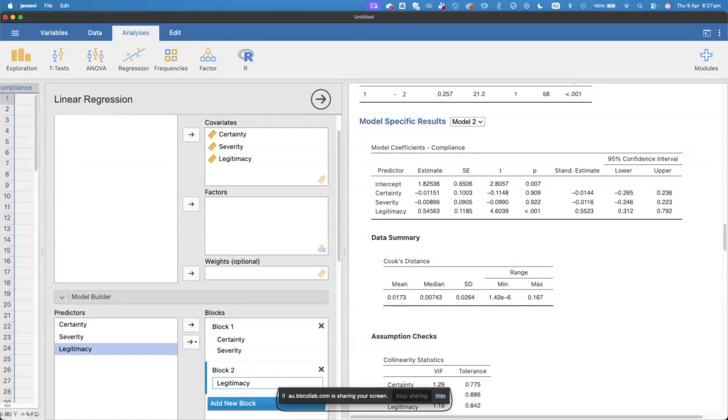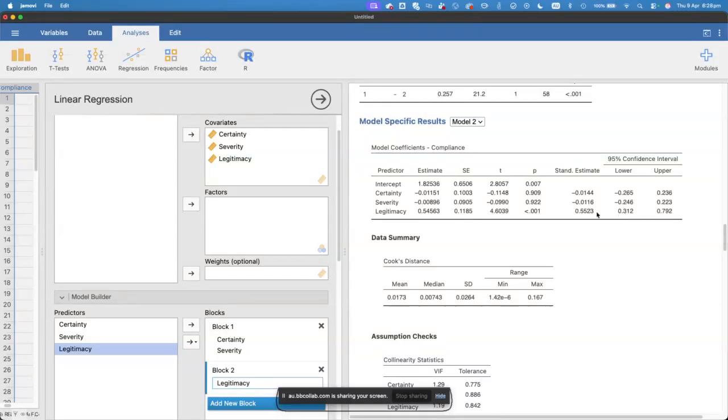Emery says legitimacy is significant for compliance. Excellent. Emery is looking at the p-values and sees that legitimacy is significantly related to compliance after accounting for severity and certainty, with a p-value less than 0.05. Rochelle says the legitimacy estimates do not overlap.